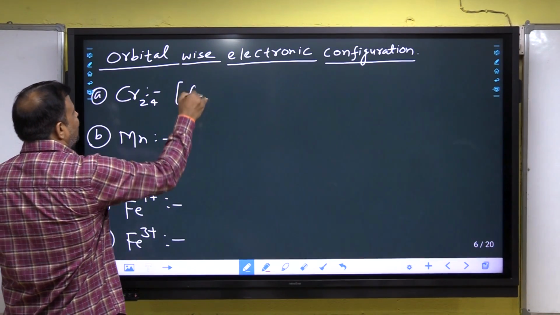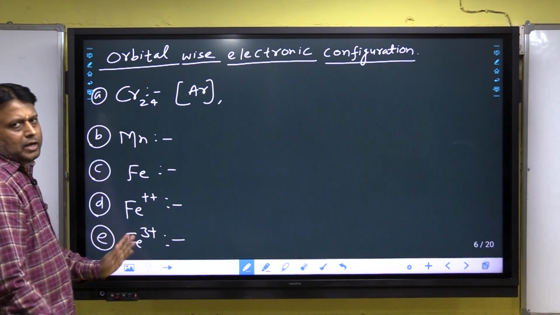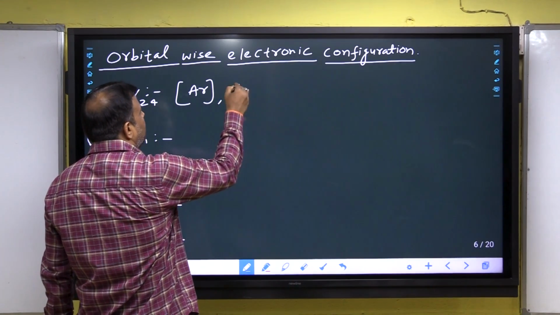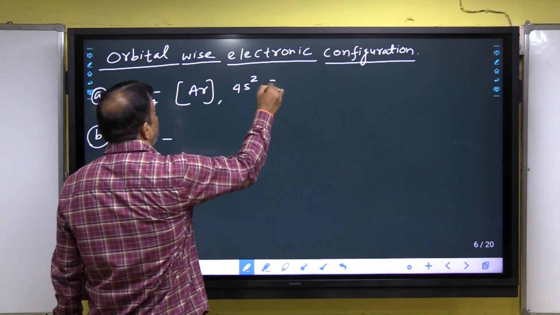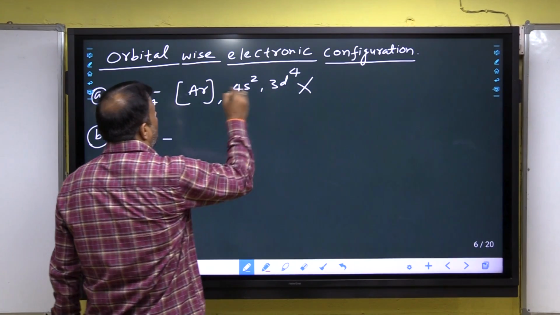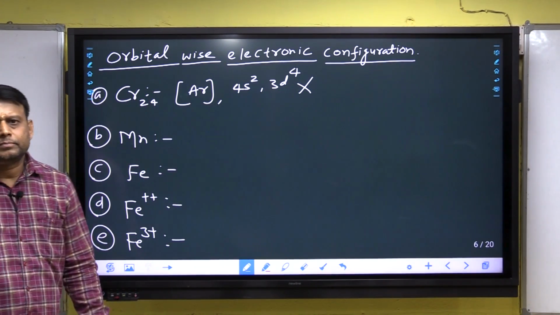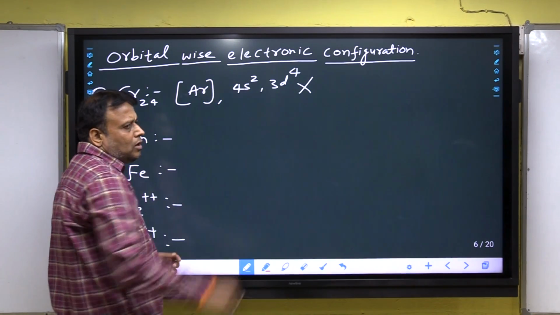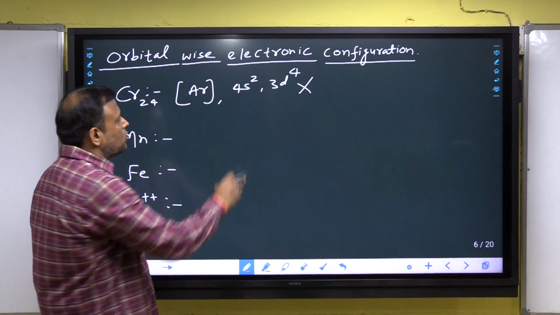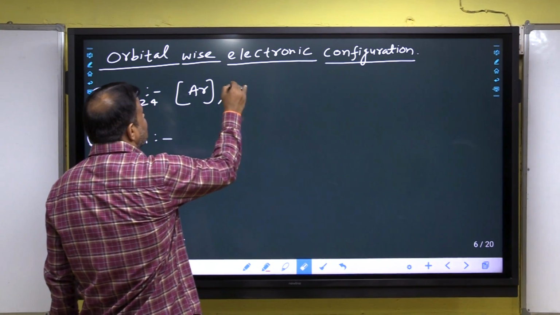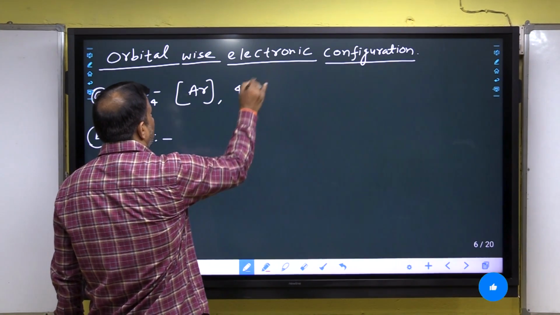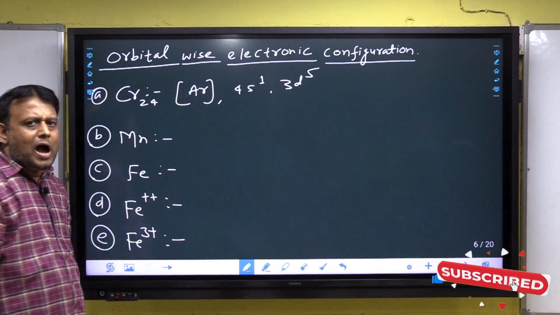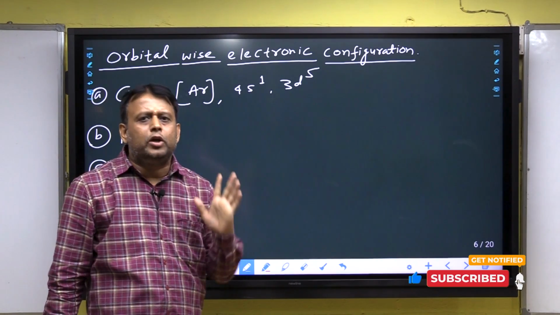And 24 means argon, the nearest inert gas, and for chromium normally 4s2 3d4, but it is wrong because a half-filled d orbital is more stable, and hence 1 electron from 4s is transferred to 3d, and the correct answer is 4s1 3d5, due to the stable half-filled d orbital.